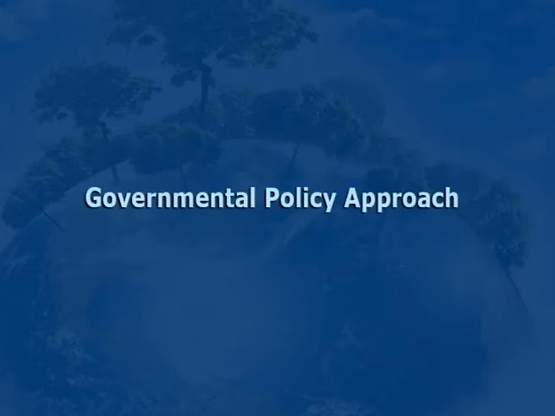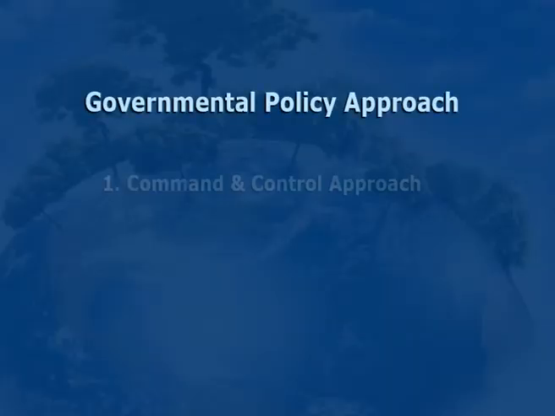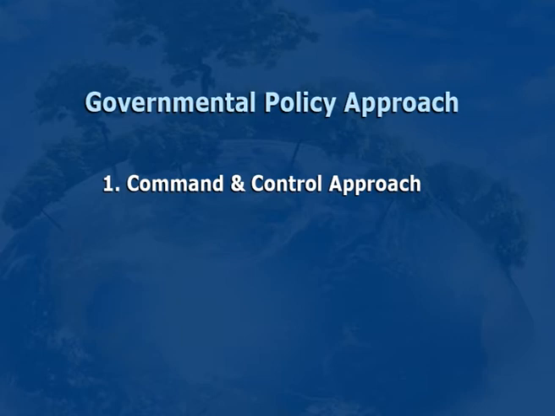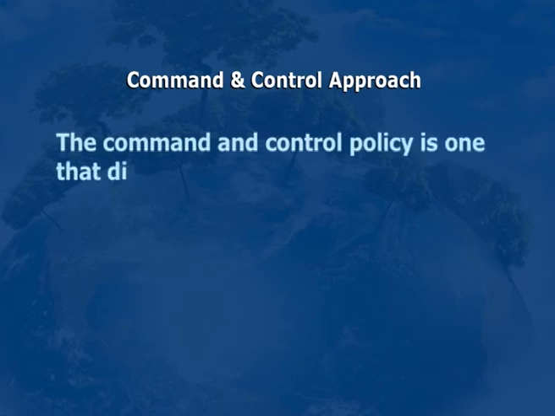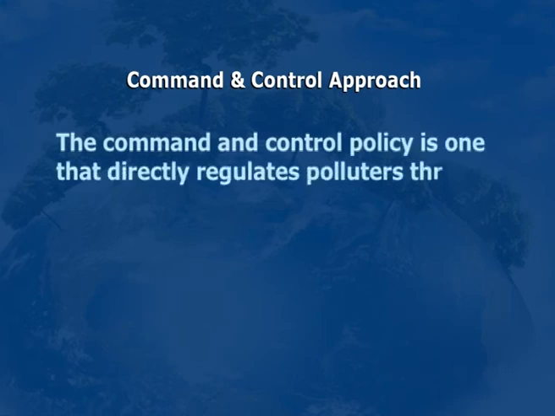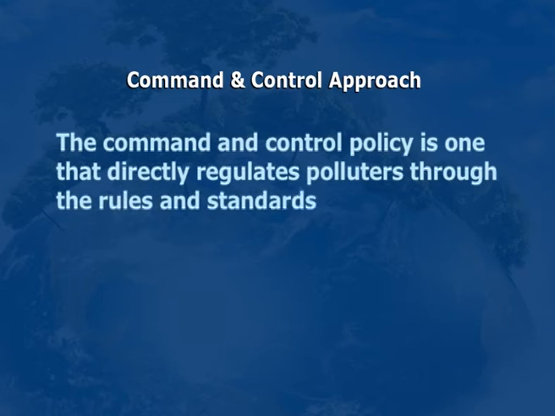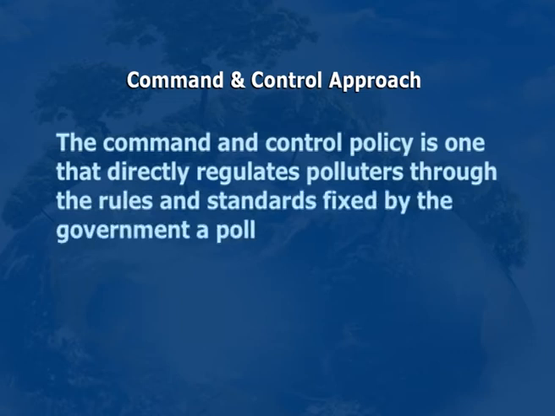Now friends, let us have a look at governmental policy approach. Government's intervention is necessary to improve the damaged condition of the environment. It has two approaches, namely the command and control approach and the market approach. The command and control policy is one that directly regulates polluters through the rules and standards fixed by the government.